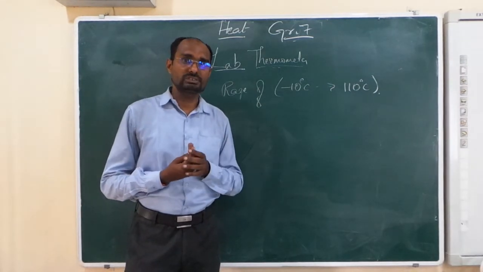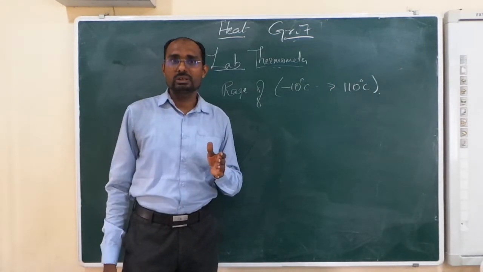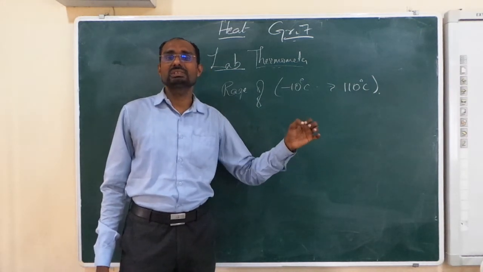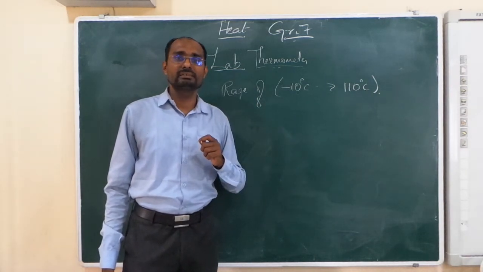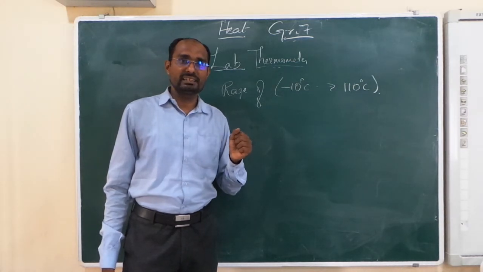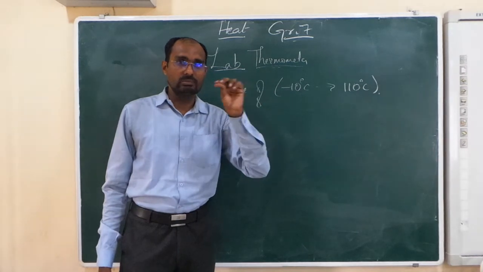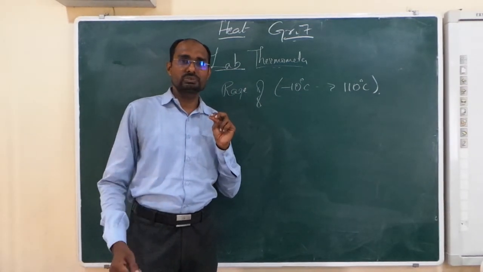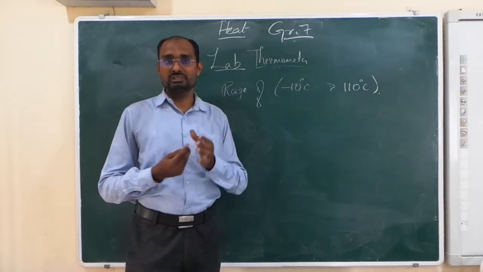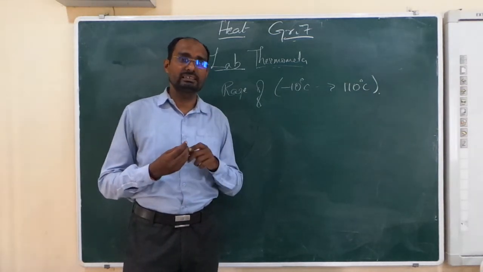Now what are the precautions? The precautions of a laboratory thermometer are the same as those of a clinical thermometer. In a clinical thermometer, we took care that we don't hold the bulb. We should not handle it roughly; we should handle it very carefully because it is made of sensitive glass.